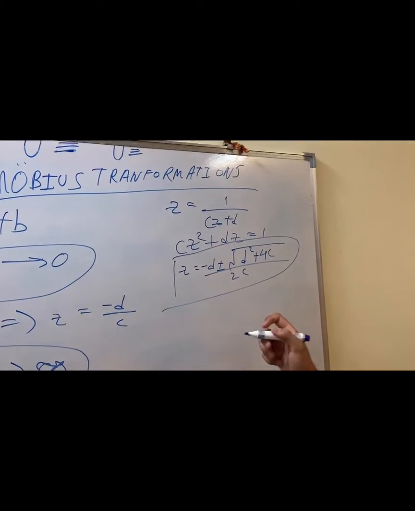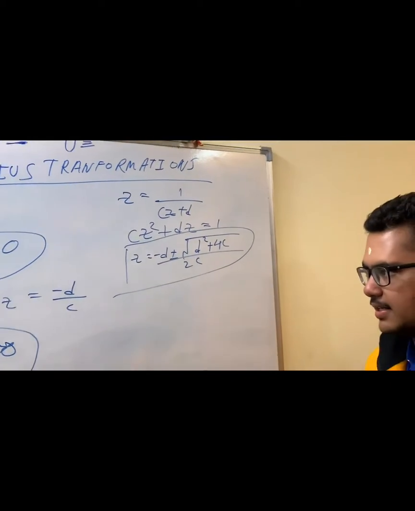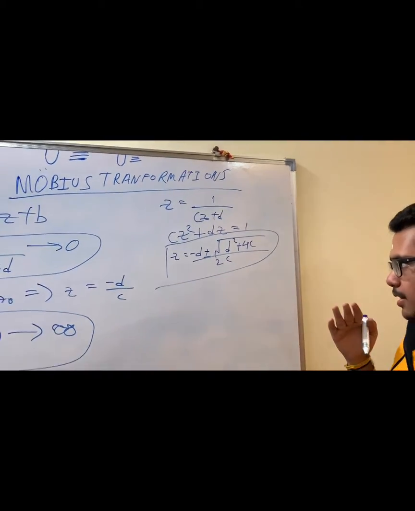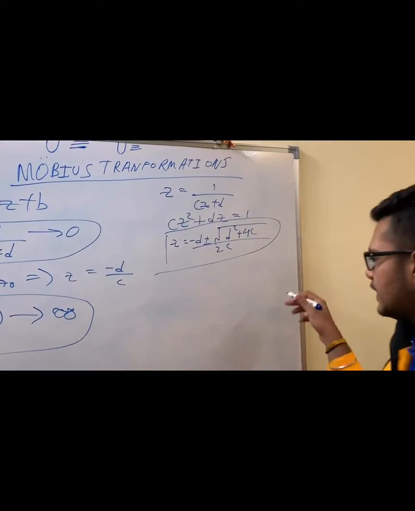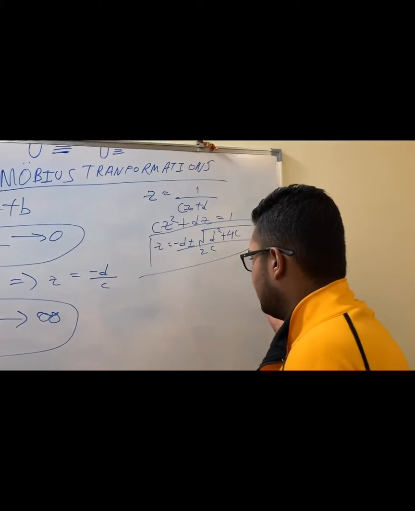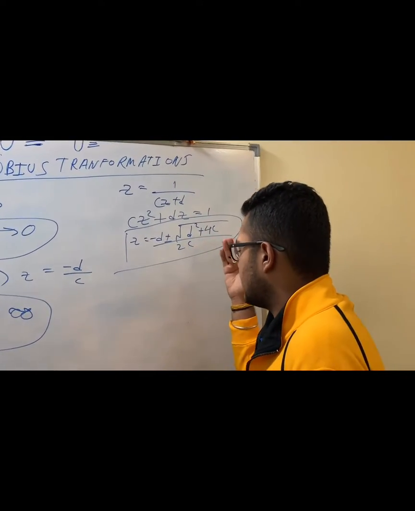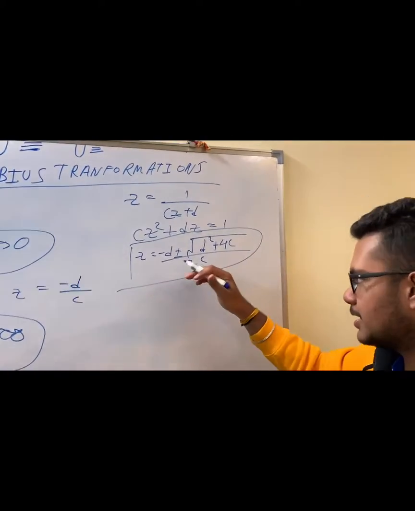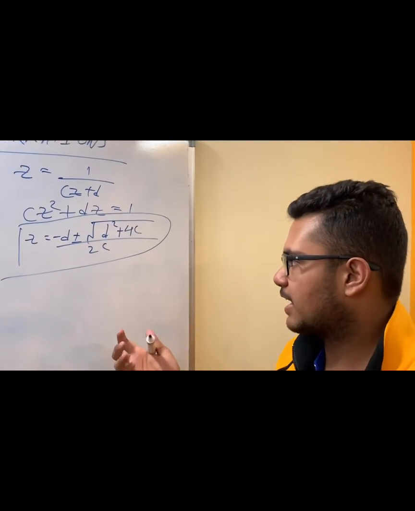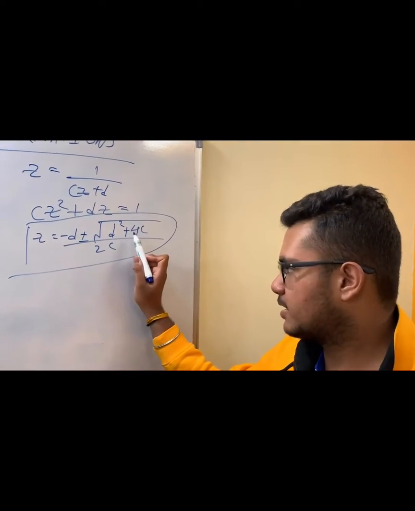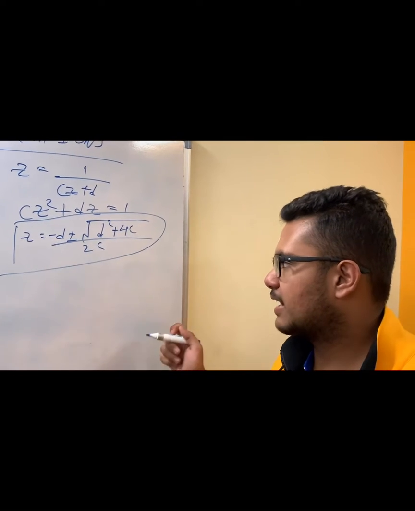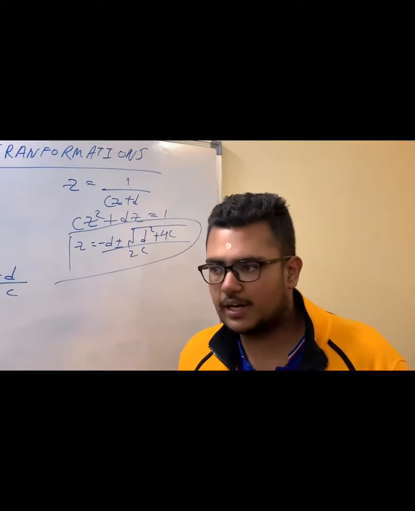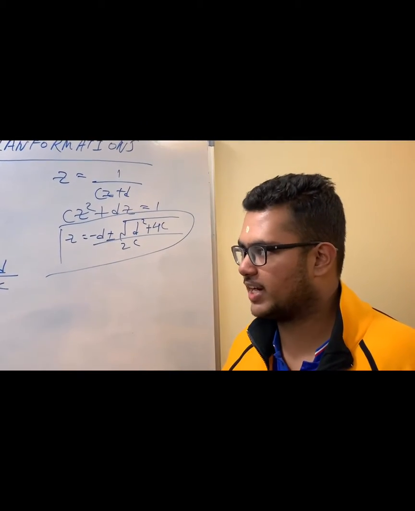So this has another interesting property: it not only has a fixed point, but it has two fixed points. That is a really good property to have. Further, we can talk about whether the fixed points are at finite and distinct places. If the discriminant is greater than 0, then there will be two fixed points. We can have the case of a single fixed point when the discriminant of this equation is 0. We can also have the cases of whether or not the fixed points are at infinity. That is a supremely good quality to have.